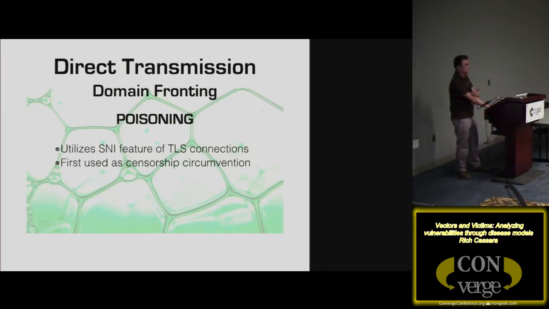The thing is, this, like any technology, was able to be weaponized, and so there were some APTs where they were able to install a backdoor into a system that was communicating over this domain fronting.